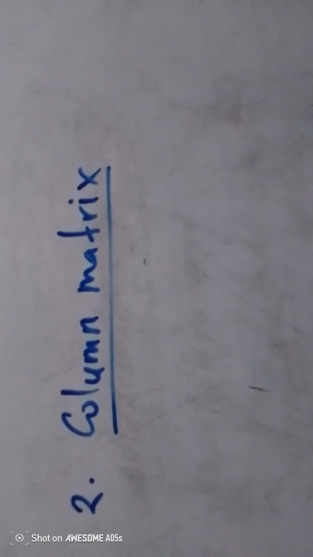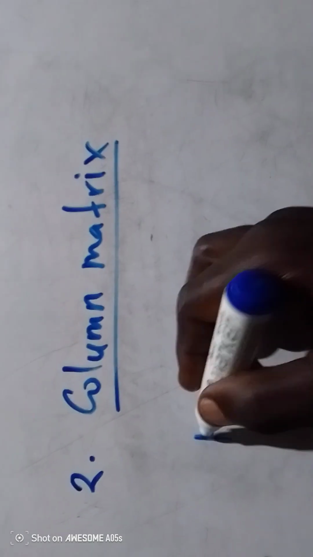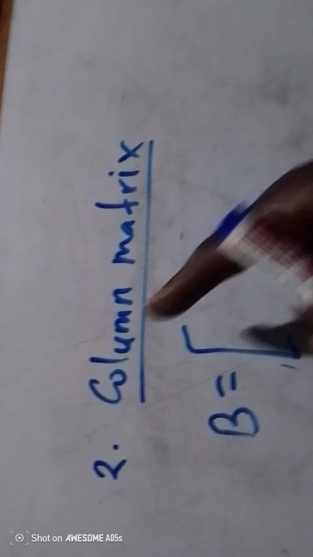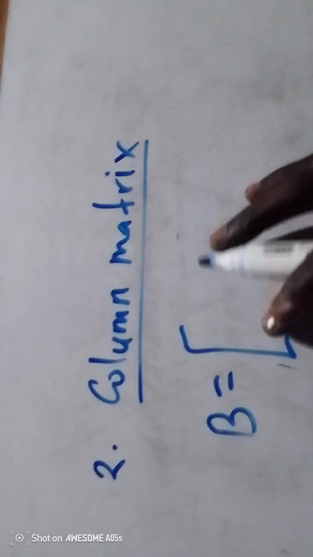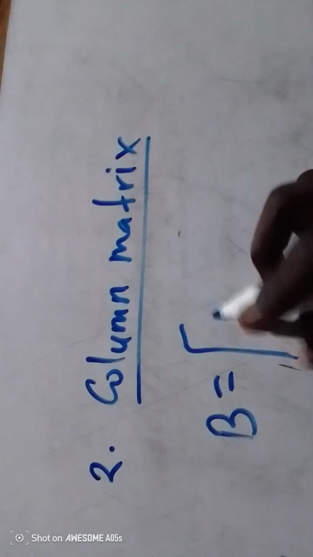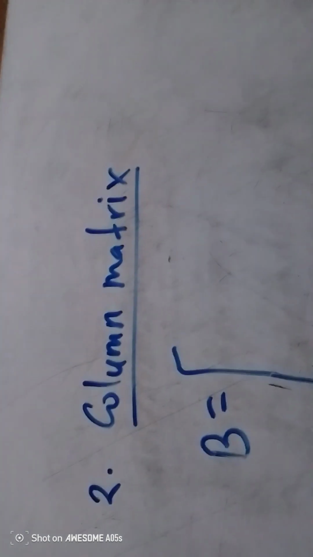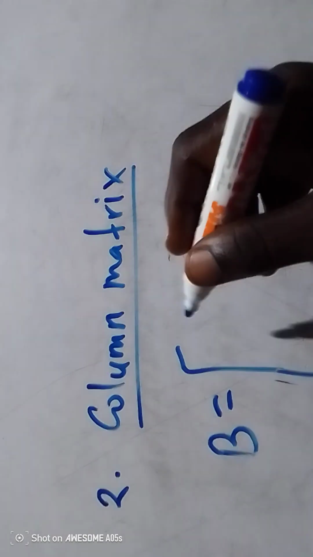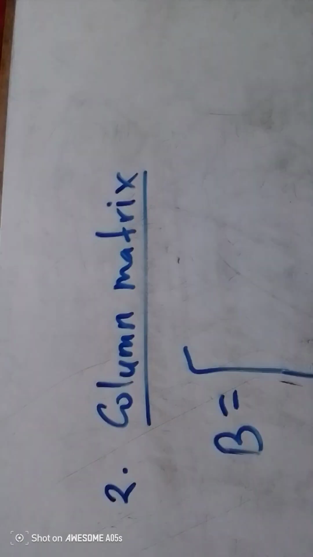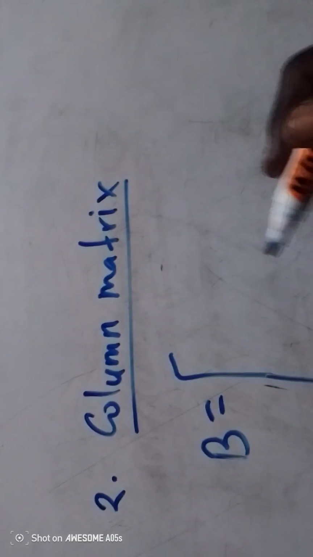So we can give an example of this, B. As long as the column is 1, it doesn't matter the number of rows, so it can be called a column matrix. But it should be clear that the rows are more than the columns. That's when you're going to say the matrix is a column matrix.